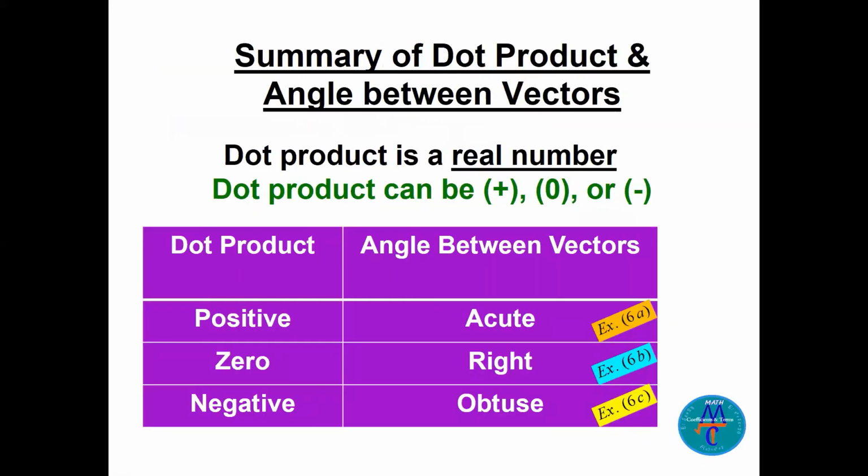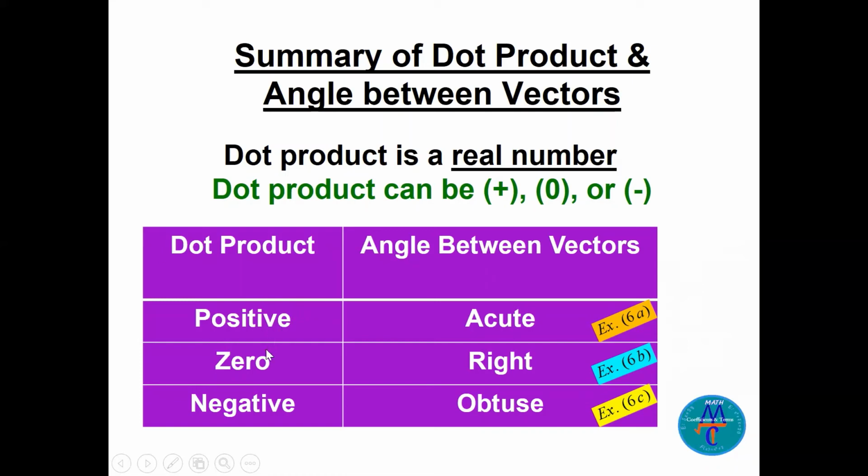Now, I will show you a very nice summary of the dot product and the angle between the vectors. See, dot product is a real number. It can be positive, it can be 0, it can be negative. So if the dot product is positive, as we have seen in example 6a, the angle between them is acute. We have seen 45 degrees as an example.